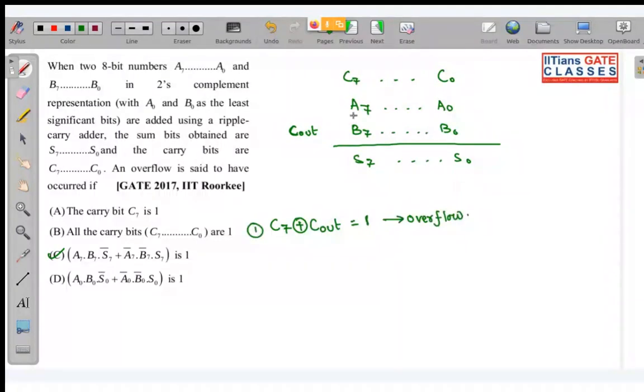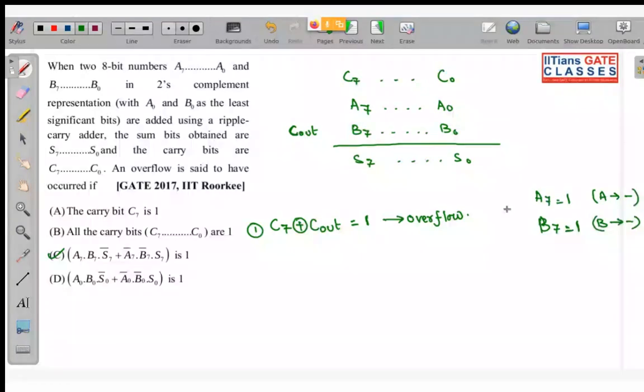Or you can say, if A7 is equal to 1, A7 is the sign bit of A, and B7 is equal to 1, so both are negative numbers, means A is negative and B is also negative.